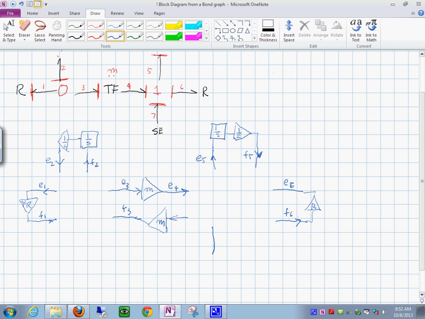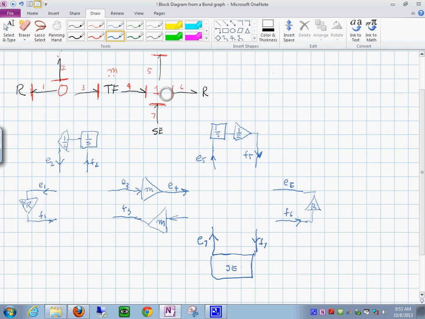This element in here is basically a source, and in Simulink we will represent it with a square block, and in this case E is what it produces, E sub 7, and it will come F sub 7 like this.